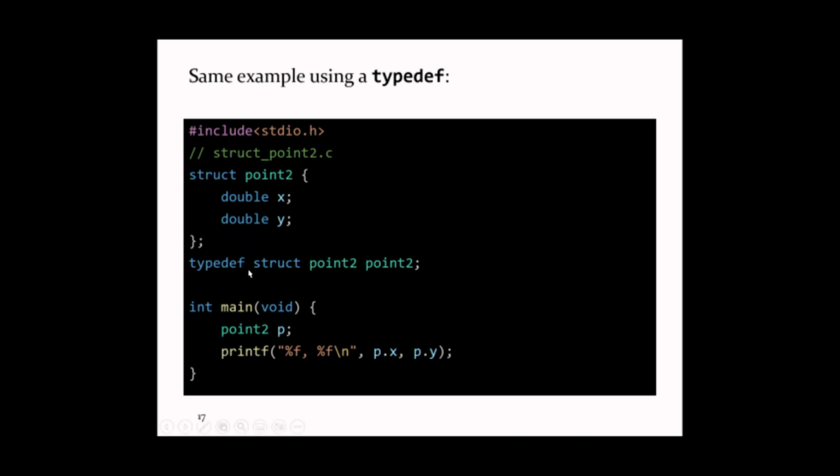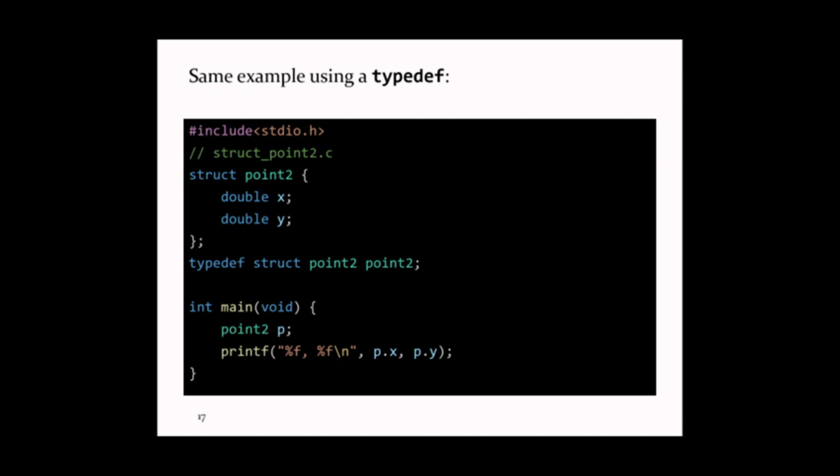The reason this works is because the typedef names, like point2, are maintained in a different way than the structure tag names, so there's no overlap of the name point2 in this case. Now I can just write point2 p, and that's exactly the same as if I had written struct point2 p instead. So many programmers will do this.